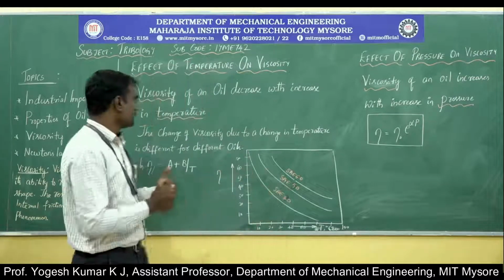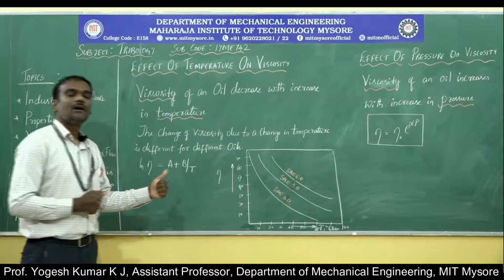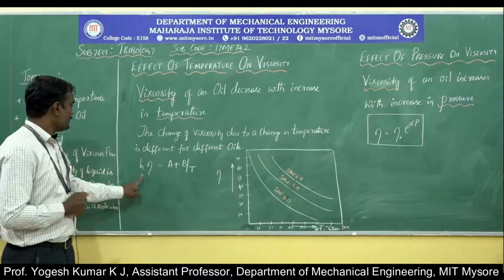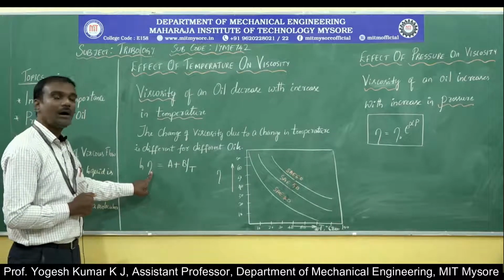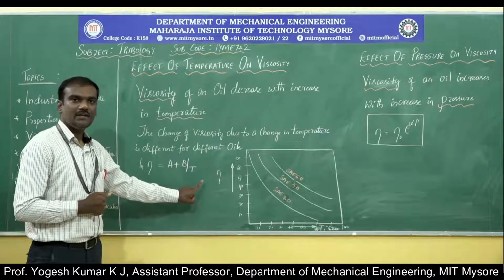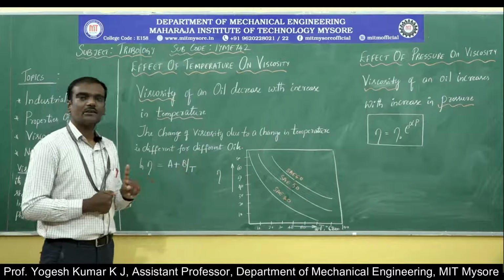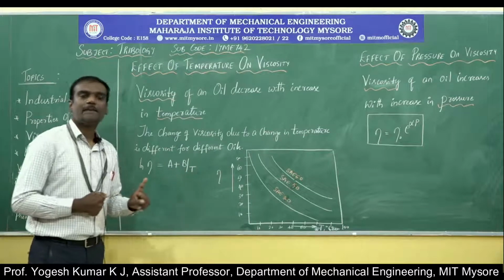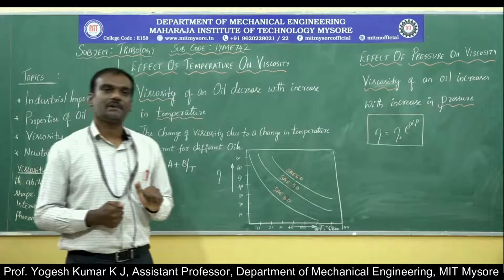Based on this, the expression for absolute viscosity is framed, that is, natural logarithm of absolute viscosity equals A plus B by T, where A and B are constants and T is the absolute temperature.